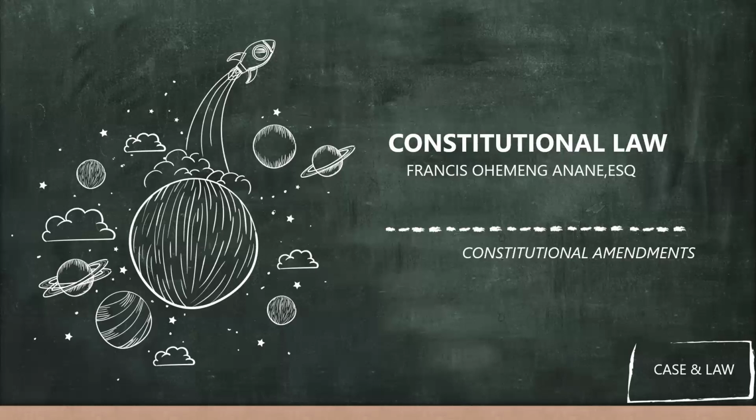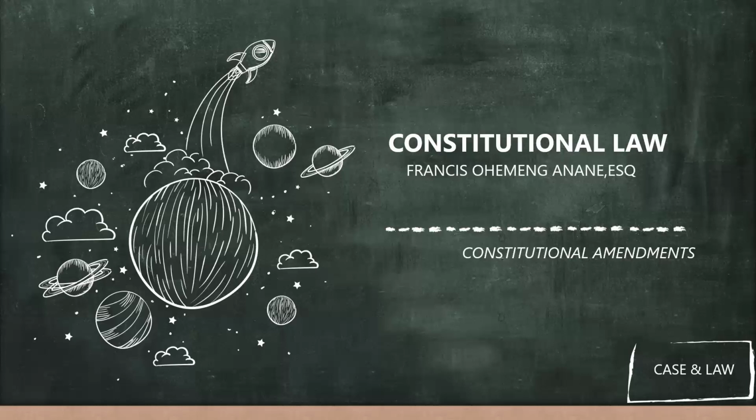A constitution in Ghana is, someone will say, the 1992 Constitution. Well, that may be true, but not entirely true, because when we are talking about a constitution, there are actually two ways that you can look at it: the narrow definition and the broader definition.